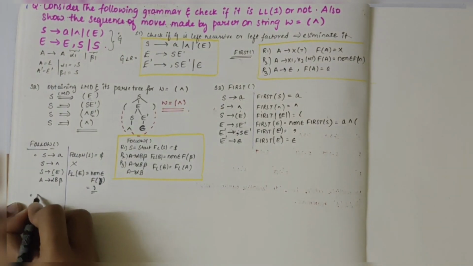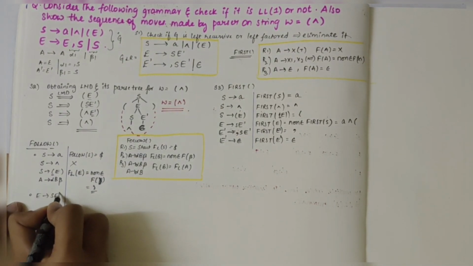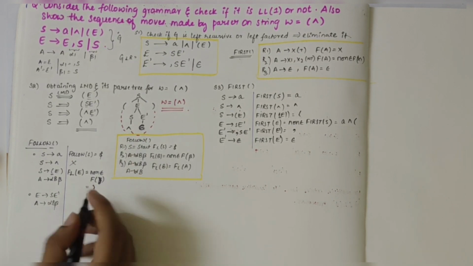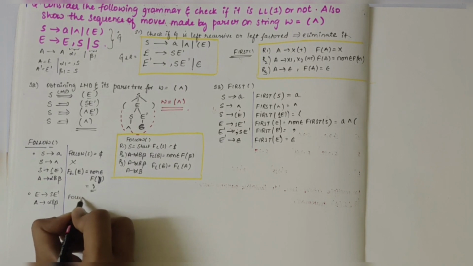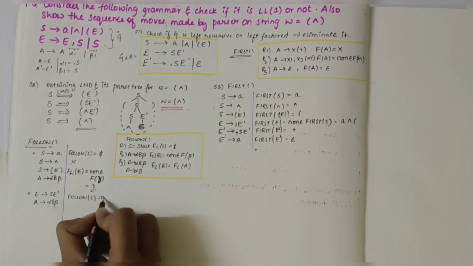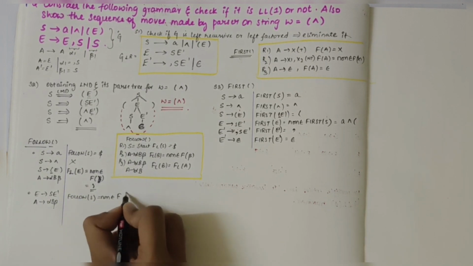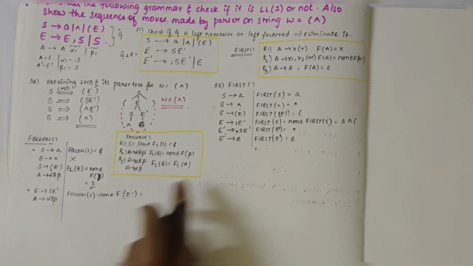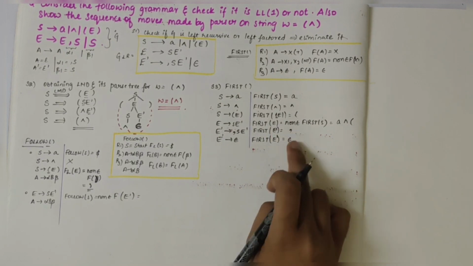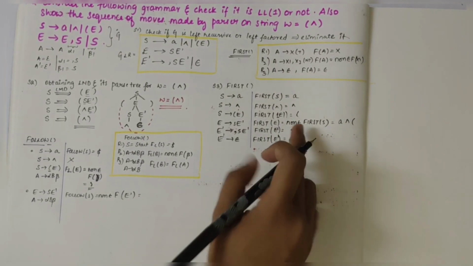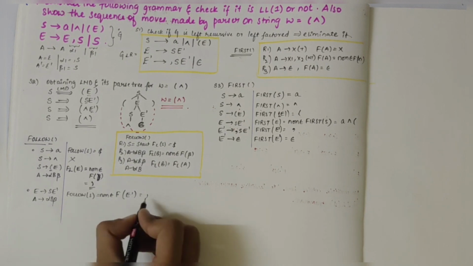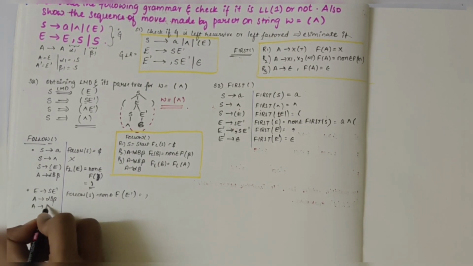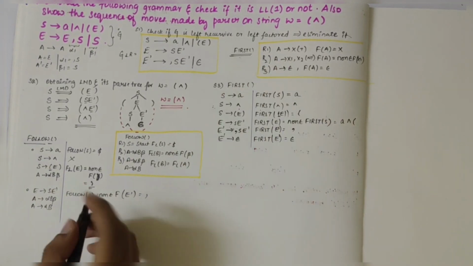Let's take the second production, that is E derives S E dash. So comparing this with A derives alpha B beta, applying the second rule, we can write follow of S is equal to non-epsilon first of E dash, that is beta. First of E dash we have comma and epsilon, so except the epsilon you get comma. Next, comparing this with A derives alpha B, apply the third rule now.